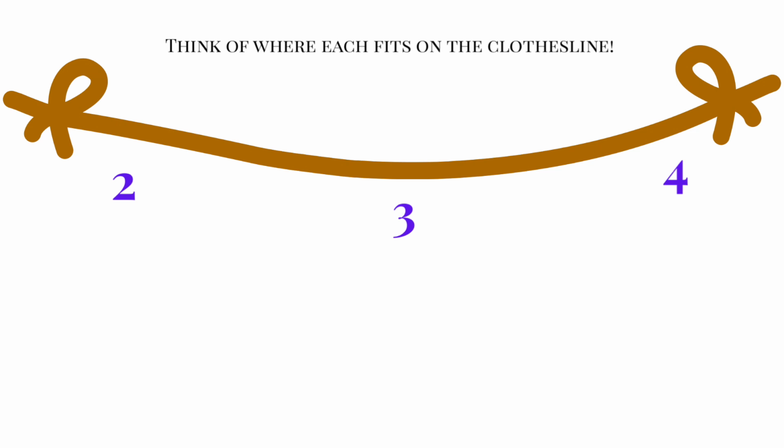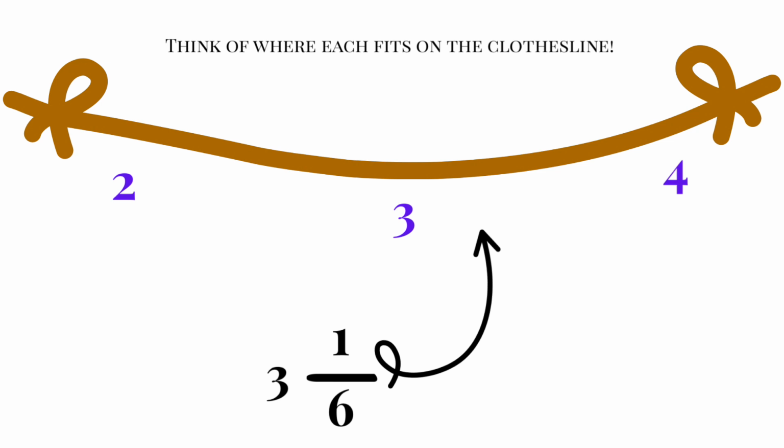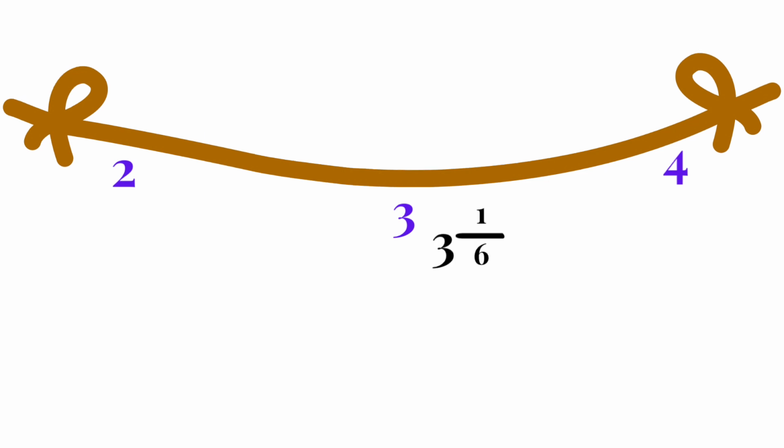4 marked on it, like a number line. Let's place each of our mixed numbers on this clothesline to see their positions. Starting with 3 1/6, which was originally 19/6, this number will sit between 3 and 4.